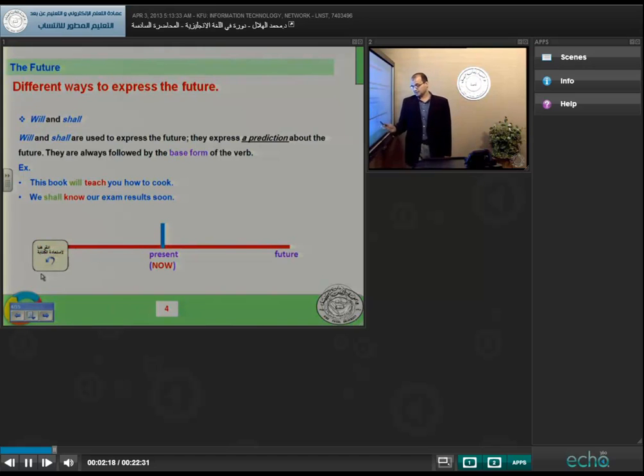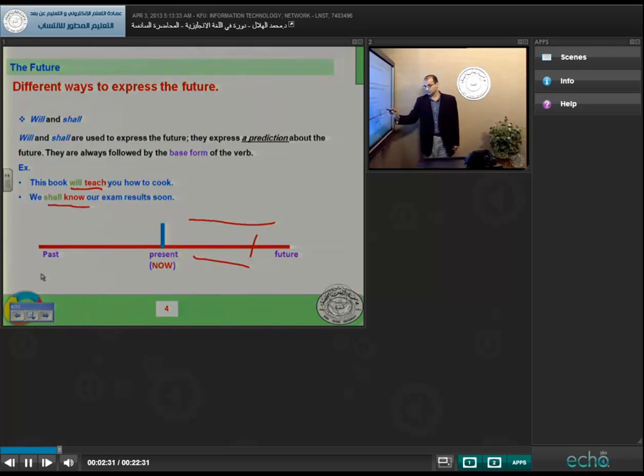So anything that is before the present is going to be past, after the present is the future. So both actions, will teach and shall know, both of them will happen in this area, that is the future. It could be any place in the future. So we predict that the action is going to happen in the future.